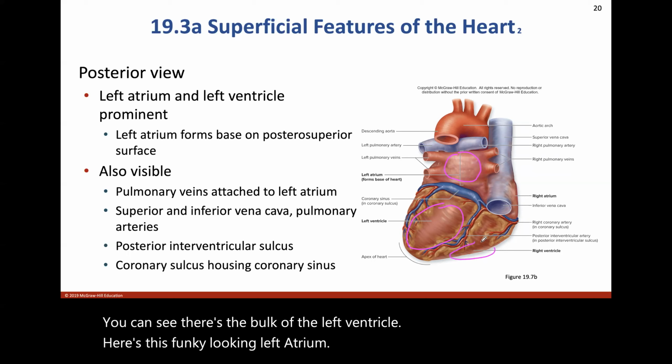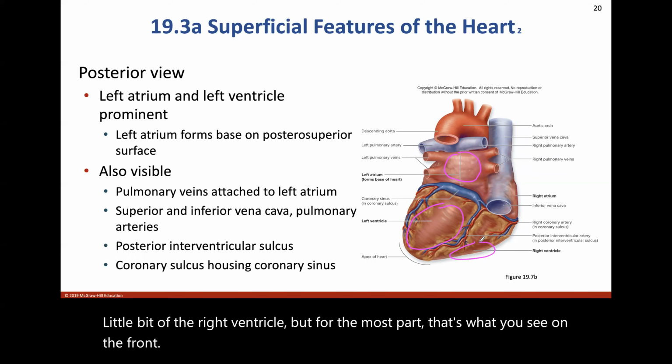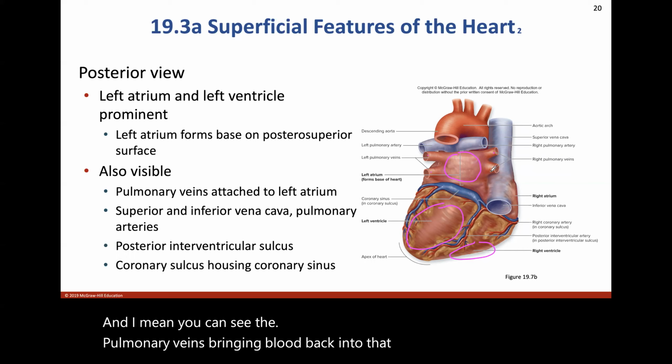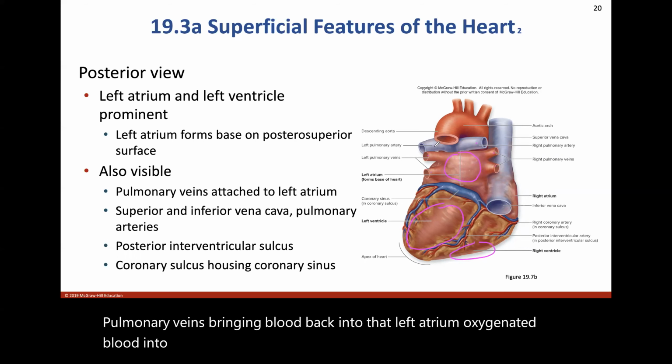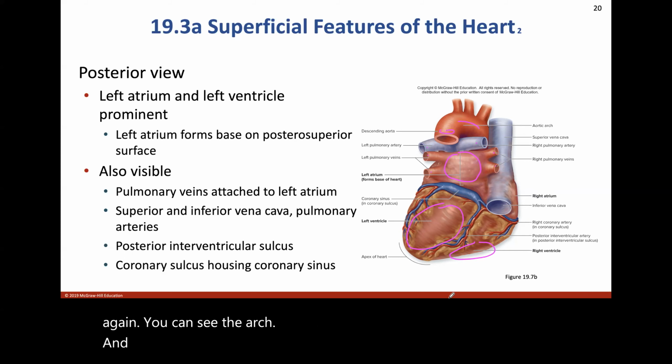A little bit of the right ventricle, but for the most part, that's what you see on the front. And you can see the pulmonary veins bringing blood back into that left atrium, oxygenated blood into that left atrium. You see the pulmonary arteries on the backside. Again, you can see the arch and the descending aorta as it goes down this backside as well. You see the two vena cavas.